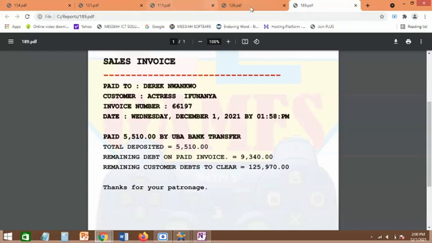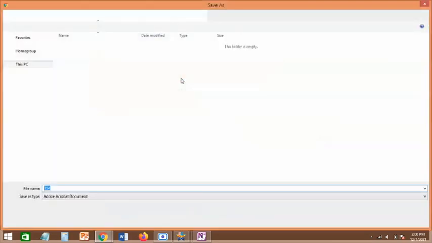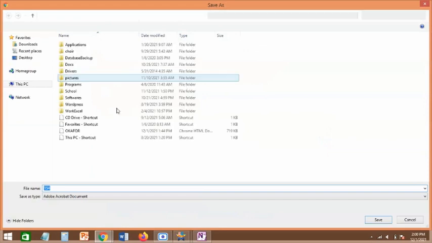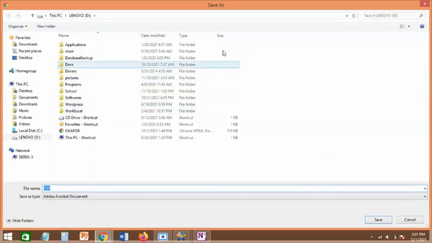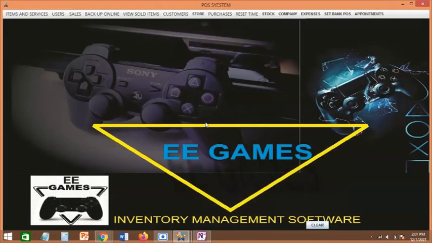So right here, if I come back to the same person, you see the amount has reduced to 125,970 because she paid 50,000, which covered some of the invoices 1, 2, 3, 4. So I can save them one after the other.